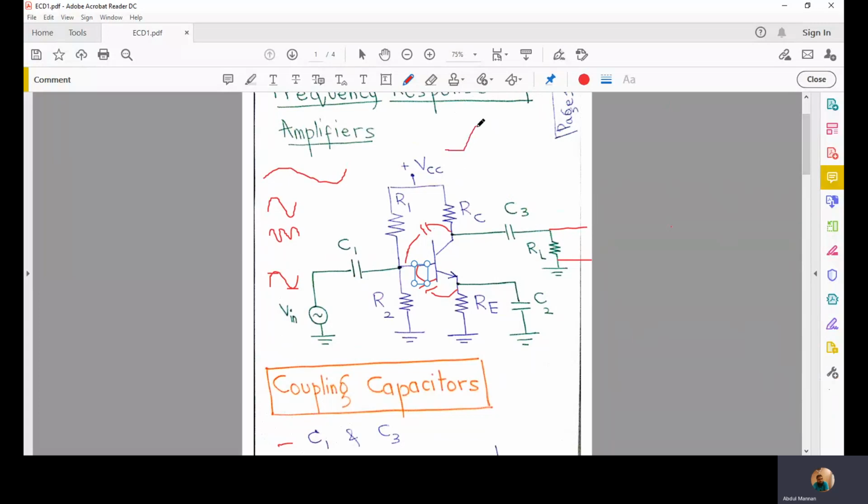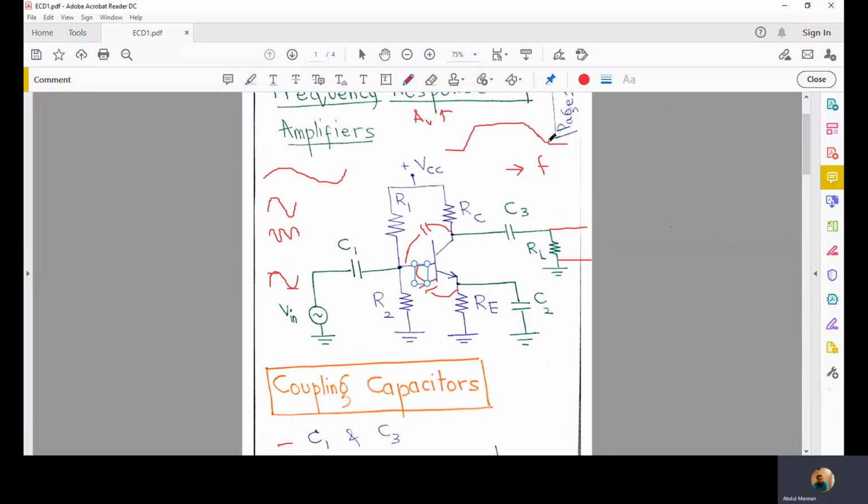In fact, they work in a band of frequencies like this. If we plot voltage gain on the y-axis and frequency on the x-axis, for smaller values of frequencies, the gain is small.